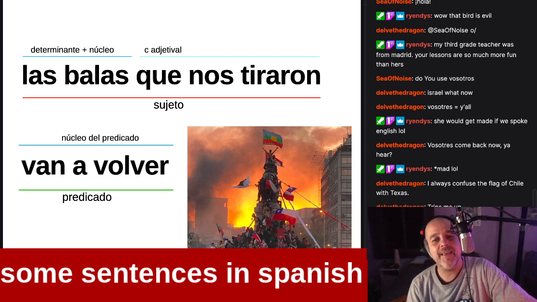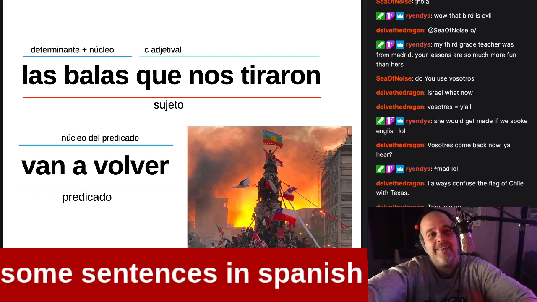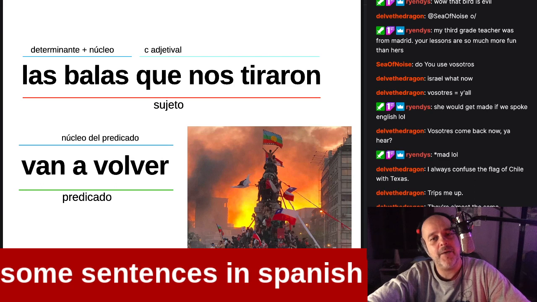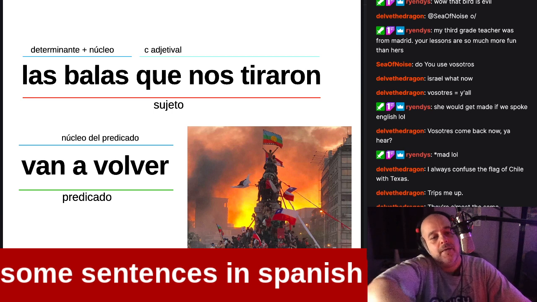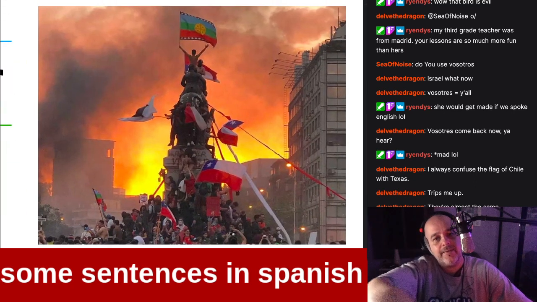The flag of Chile with the Texan flag. Yeah, I mean, it's more or less the same color scheme, right? White on top, red on the bottom, blue. Let me see the Texas flag. Yeah, they're very similar, they just cut differently. So you see the Chilean flag over here, and this is the Texas flag.